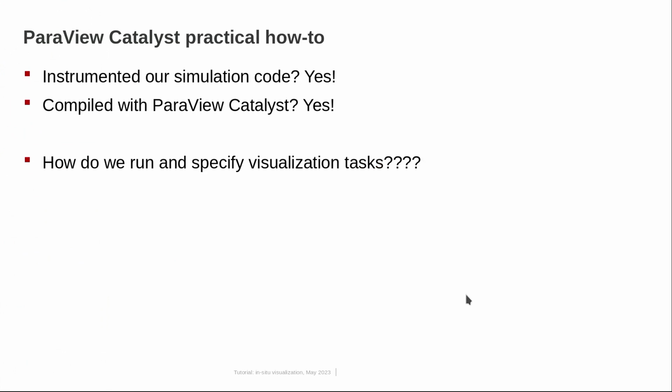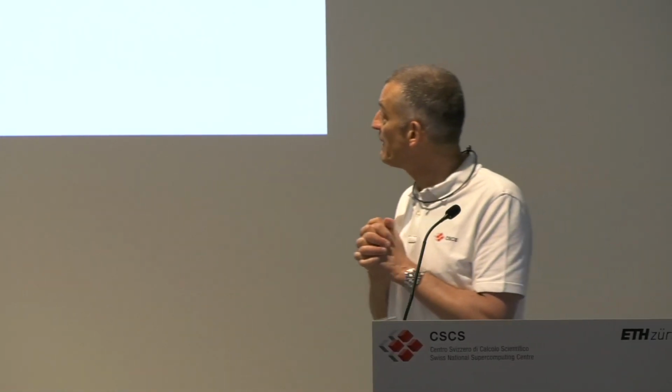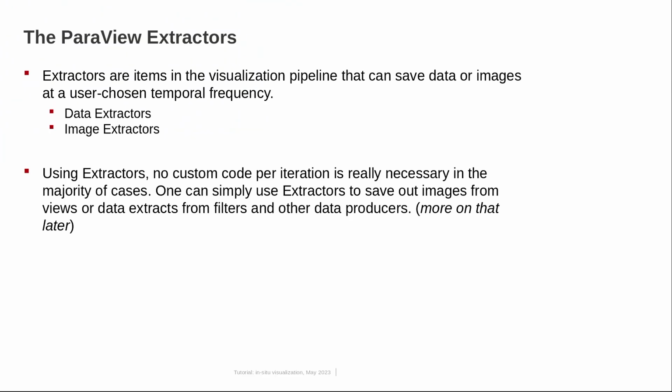So I've said that we have inherited the description of the Conduit mesh this morning for your simulation data. We're done. How do we compile the whole thing? How do we specify the visualization tasks? We need two things. One of them are the so-called data extractors. The other one is the image extractors.